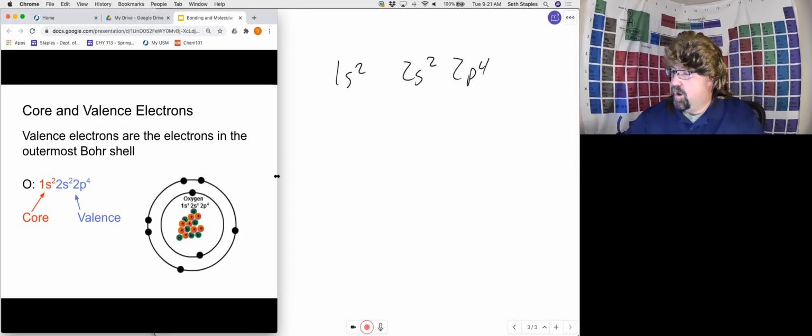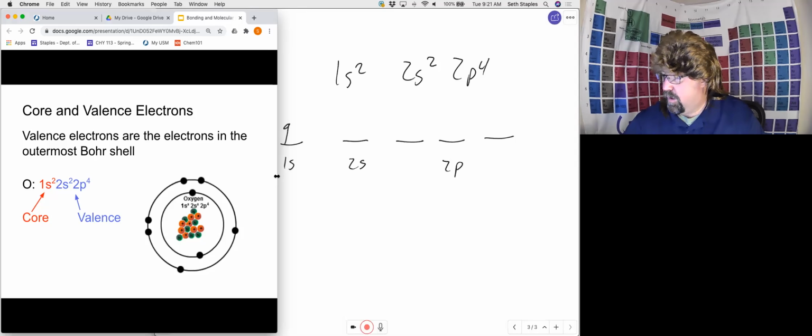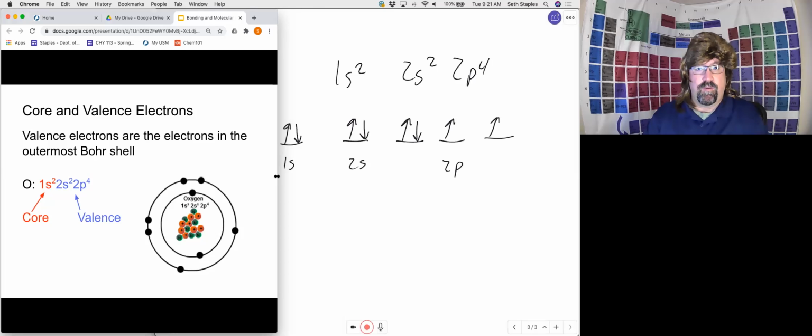If we do our box diagram or our arrow diagram for oxygen, here's 1s, 2s, and those 3 are our 2p. So here's 1s2, and then 2s2, and then 2p4. Remember Hund's rule tells us we're going to fill the 3 individually. Then we're going to come back around and fill in the first p orbital. So that's where this comes from.